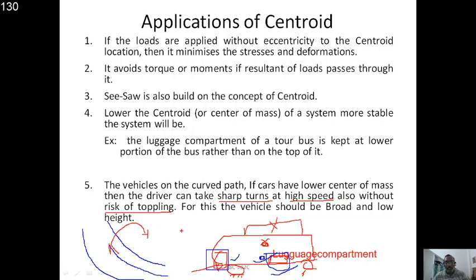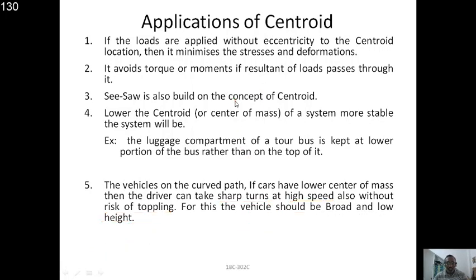To avoid this, your vehicle should be broad and low in height. Some buses are very wide, which is an advantage. They can carry more load, and due to that broadness the risk of damage is less on sharp turns at high speeds. Hence, these are all applications of the center of mass or centroid in the engineering field.